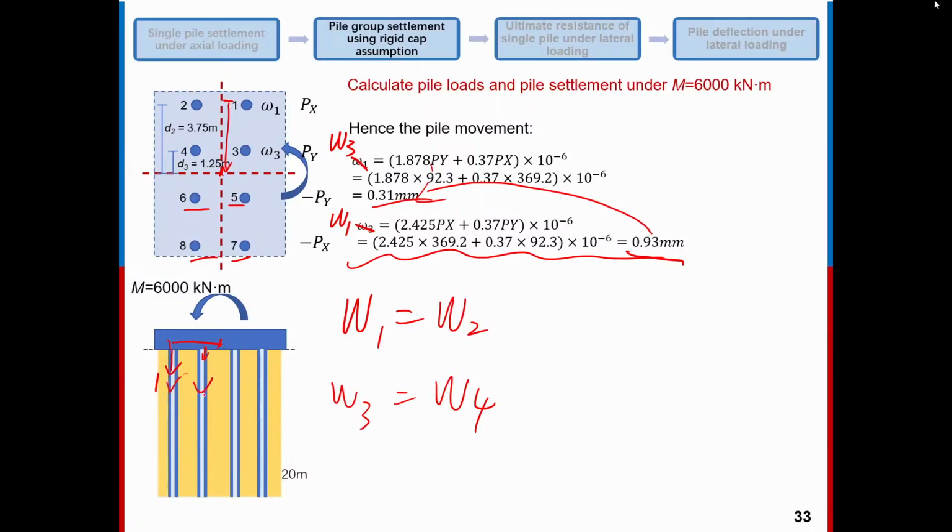For these 4 piles, it is settlement, downward. And for these 4, the piles are actually going up. So we only calculate these two values here as an example.